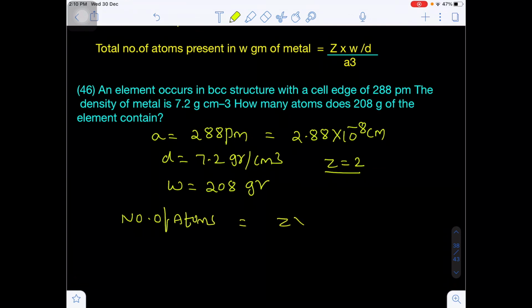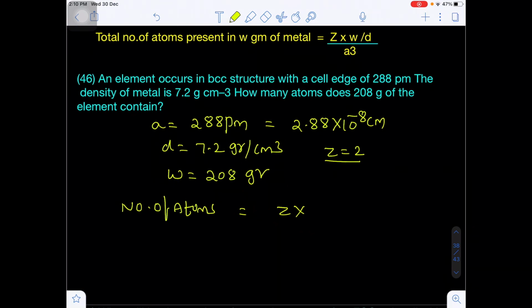So what will be the formula to calculate the number of atoms? Number of atoms will be equal to Z into total volume corresponding to 208 grams of the element, divided by volume of the unit cell. So what will be the total volume of W grams of an element? W by D, divided by the volume of a unit cell, that will be a cube.